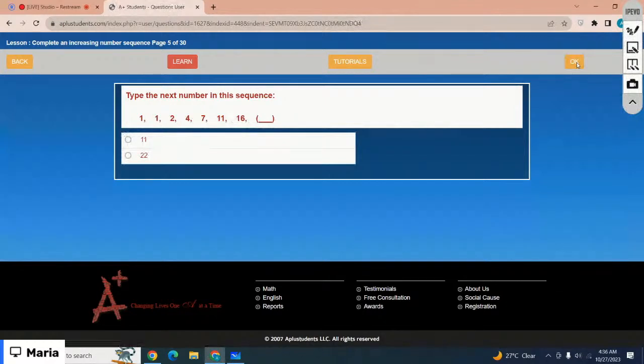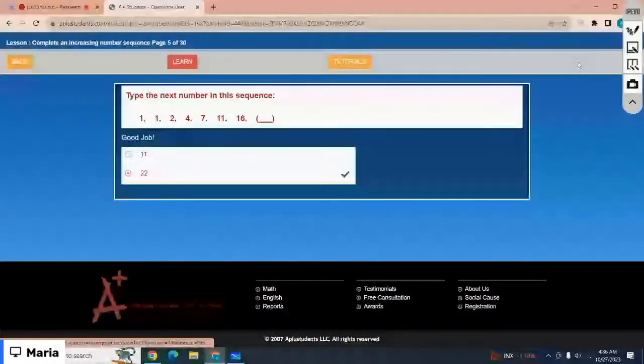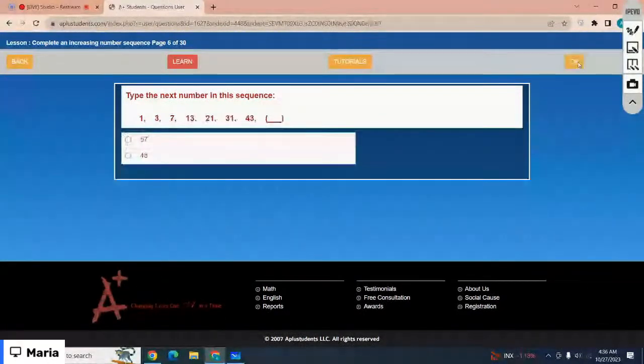The next one is 22. Okay, type the missing number in the sequence. So which is the next one in the sequence?